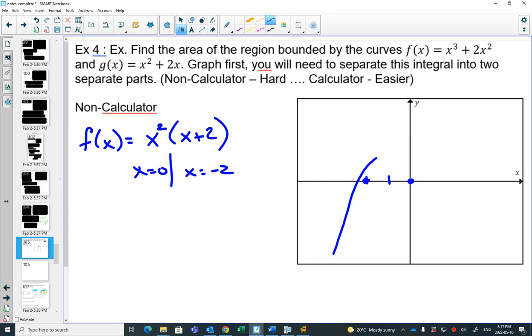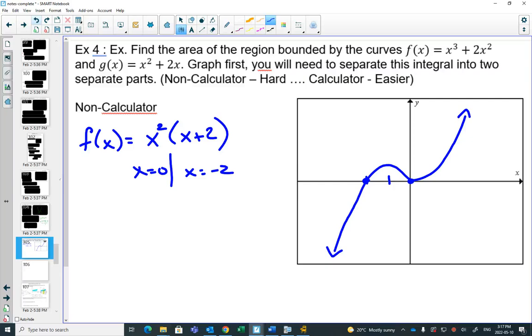It's going to bounce off here and go up. That's just graphing using grade 12 pre-calculus, with multiplicity of 2, so that one x-intercept is going to bounce, and the end behavior of an x cubed graph.